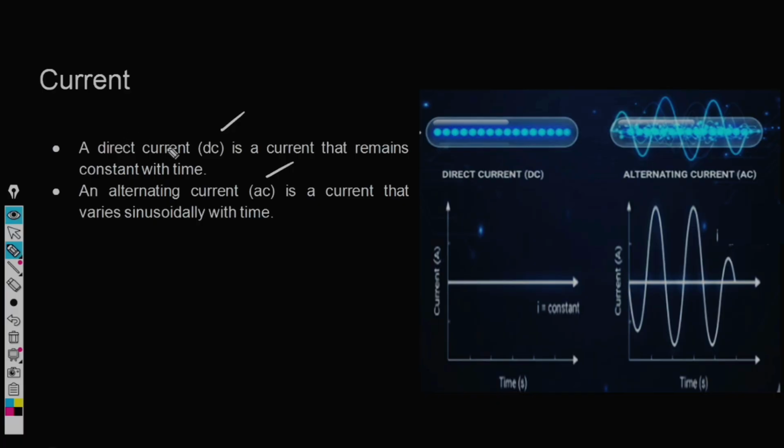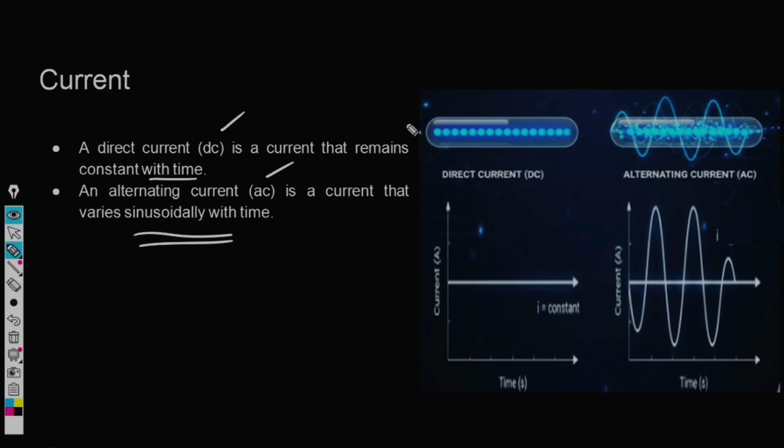DC is direct current, AC is alternating current, and the difference between them is, in case of DC, the current remains constant with time, while if you are considering AC current, it is nothing but current that varies sinusoidally with time.